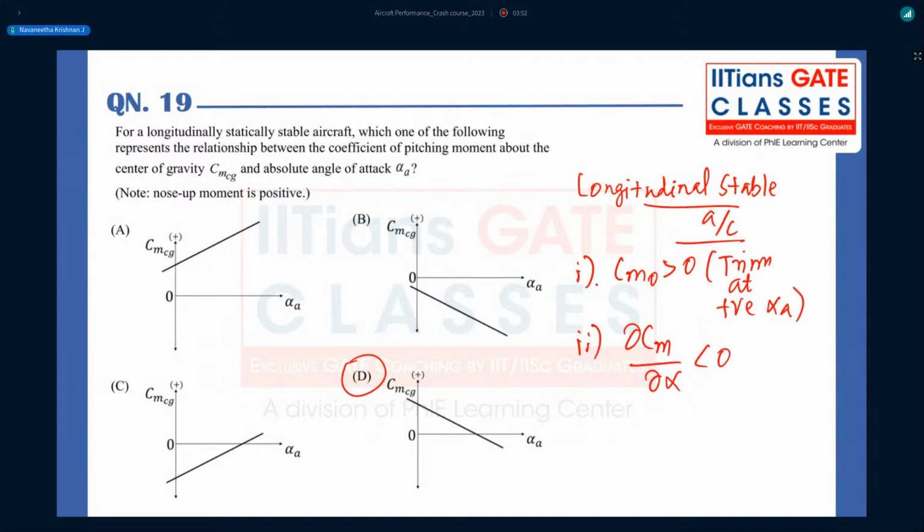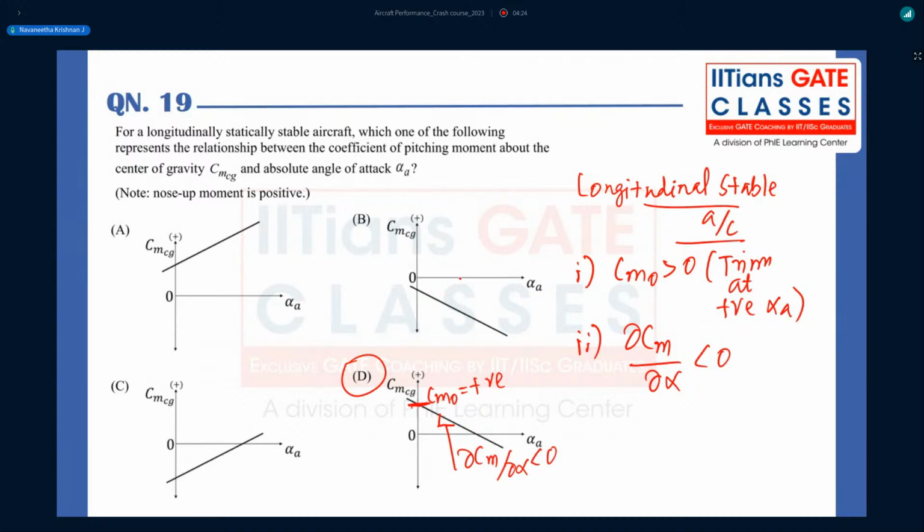These two conditions are satisfied only in option D, because here Cm at 0 angle of attack, Cm0, is positive and the slope, dou Cm by dou alpha, is less than 0. In option B, dou Cm by dou alpha is less than 0, but Cm0 is negative.